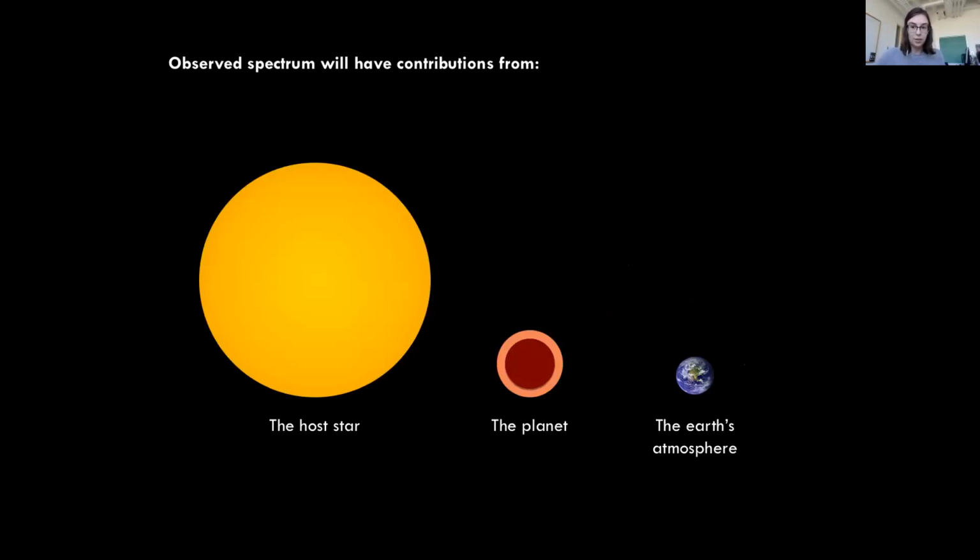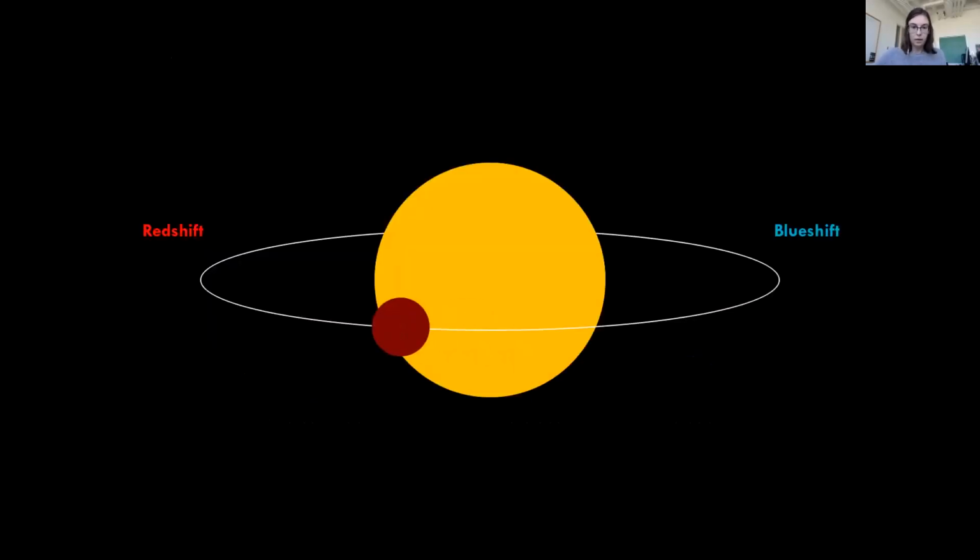One of the challenges with this sort of spectroscopy, however, is that we can't observe the planet's spectrum exclusively from the ground. So any observation we make is going to have contributions from the host star, the planet, and Earth's atmosphere. So we need to be able to remove those stellar and telluric contributions so that we're left with just the contribution from the planet itself. To do that, we can make use of the Doppler shift that occurs as the planet moves throughout its orbit.